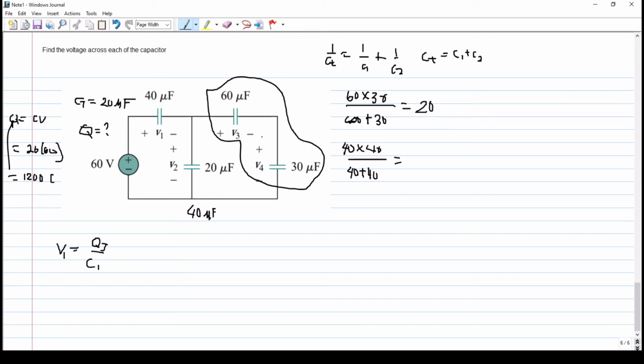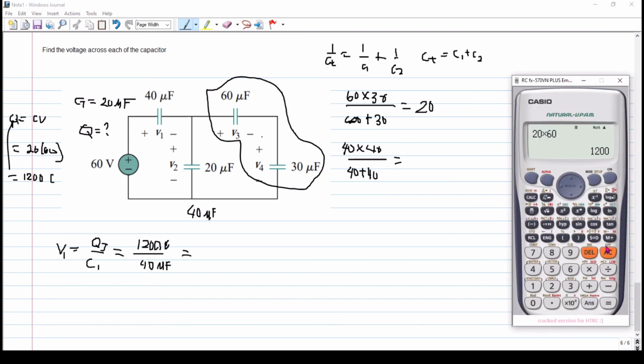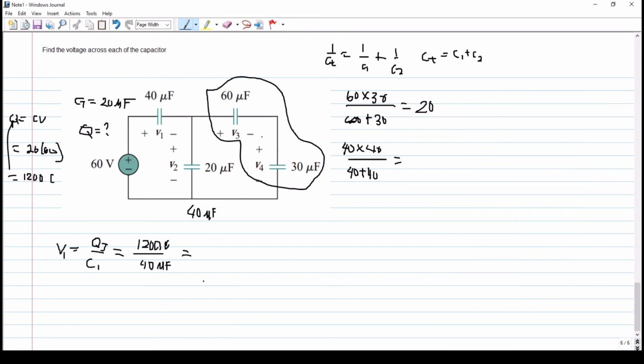Okay, where C1 here is 40 microfarad. So 1200 over 40. This is coulomb, then microfarad. So therefore, V1 here, to calculate, that is equivalent of 30 volt.